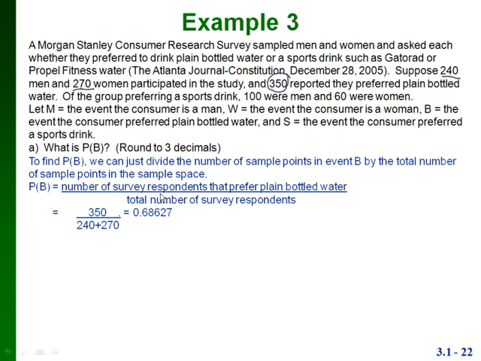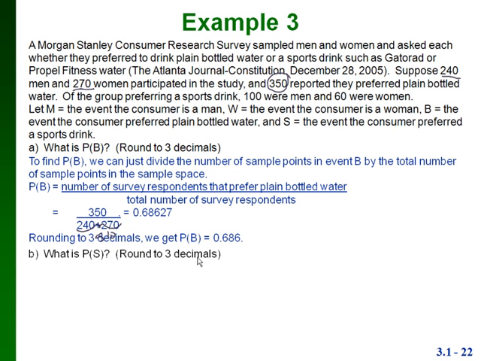So if we add those together, we get our total for the survey. So this actually comes out to be 510. So if we divide those 2, we get 0.68627. Now for our final answer, since it asked us to round to 3 decimals, we're going to round that to 0.686.